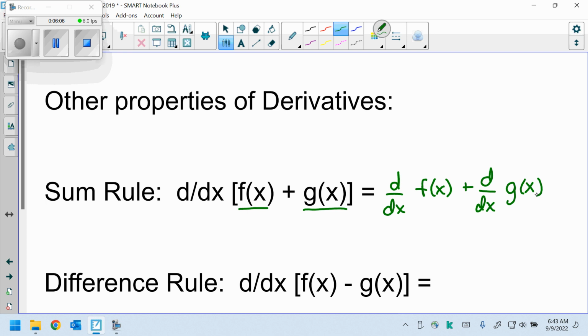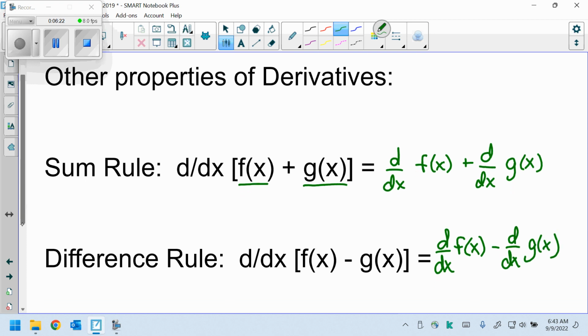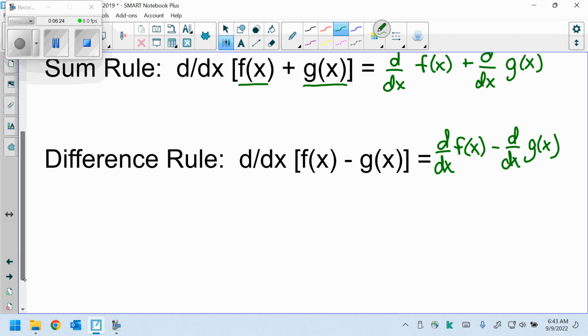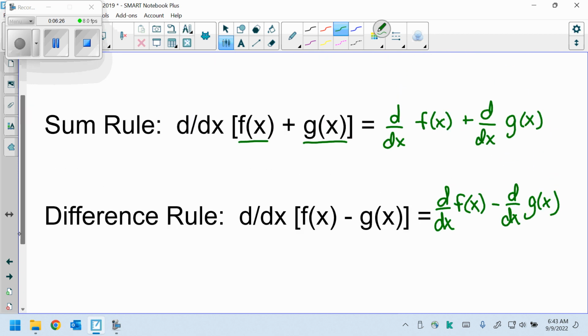Same thing happens when you're subtracting. You just take the derivative of the first guy and subtract away the derivative of the second one.